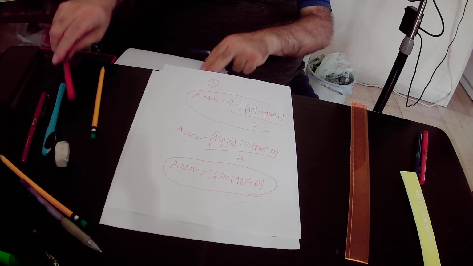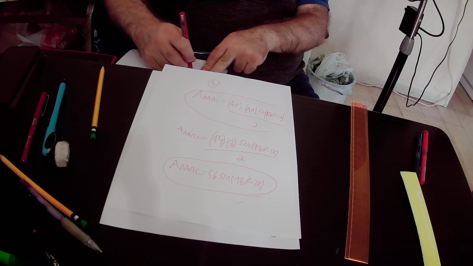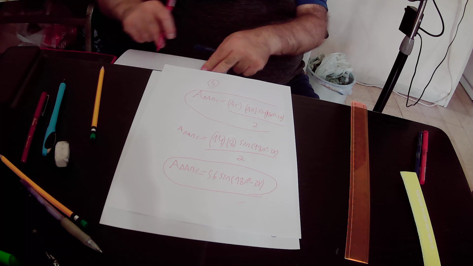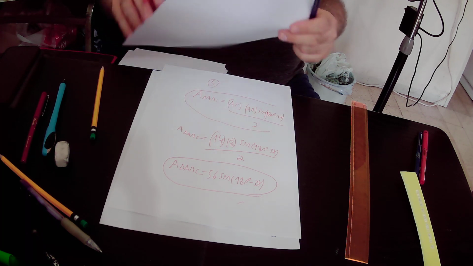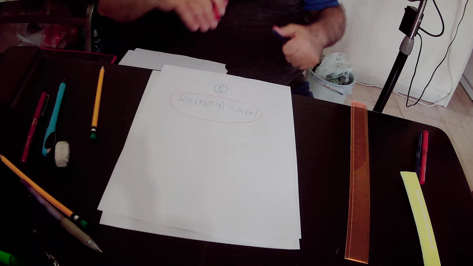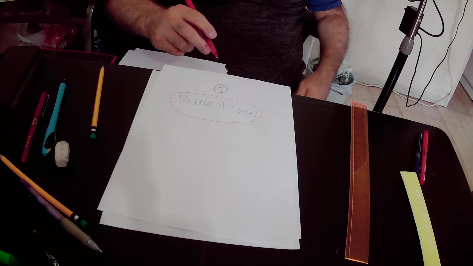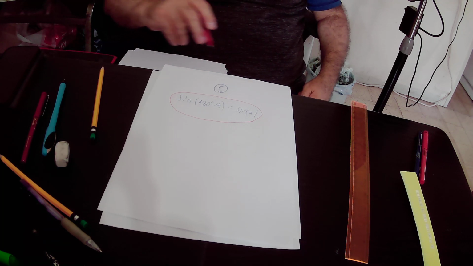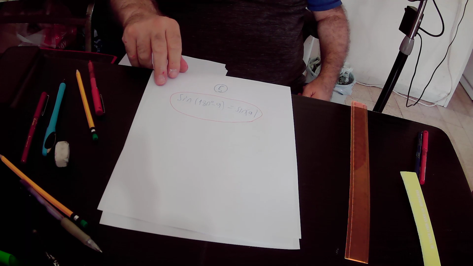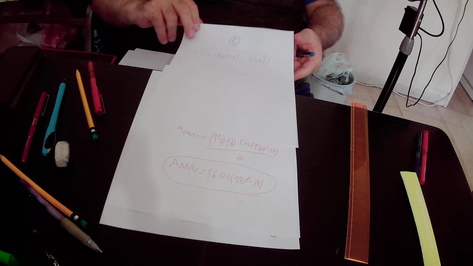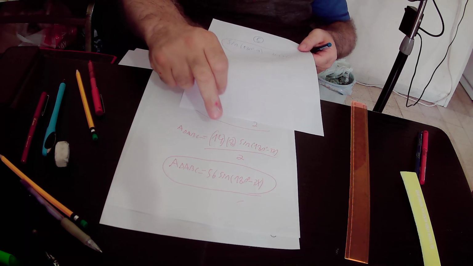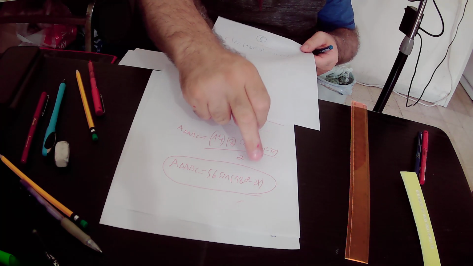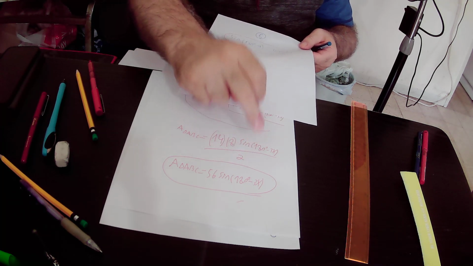So we will use this trigonometric identity. According to this rule, sine of 180 degrees minus 3x equals sine 3x.